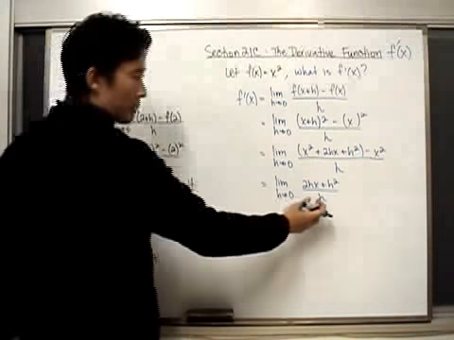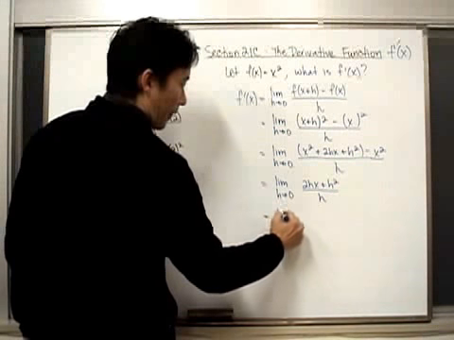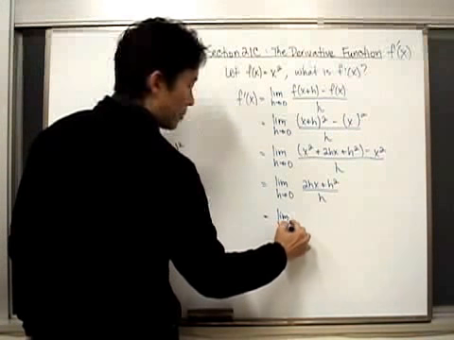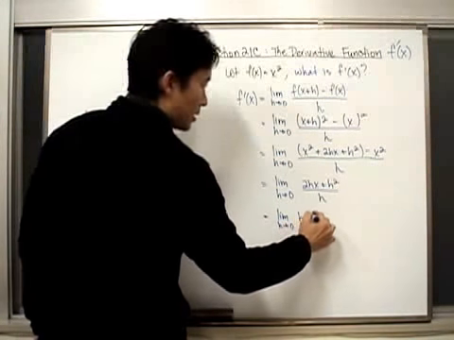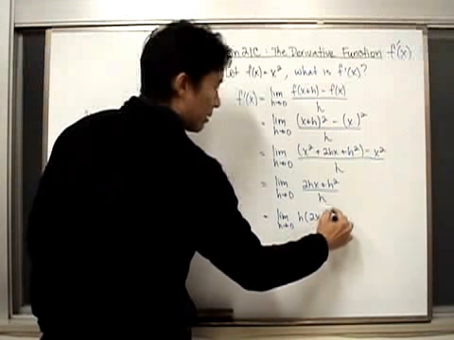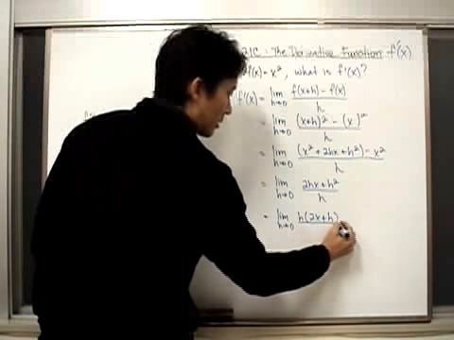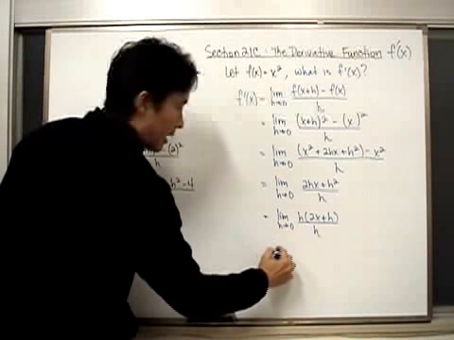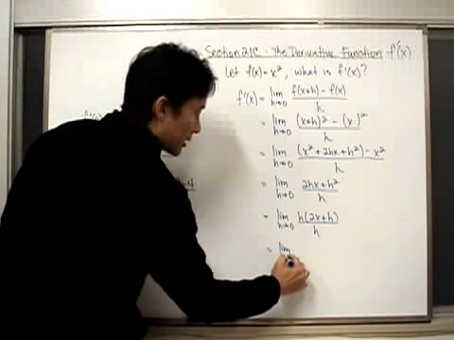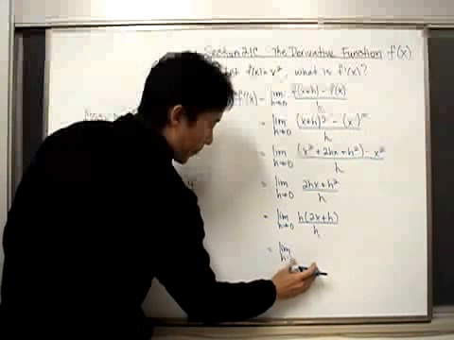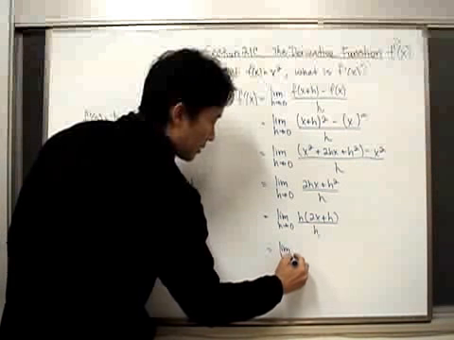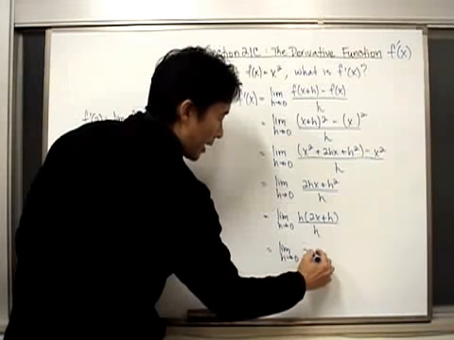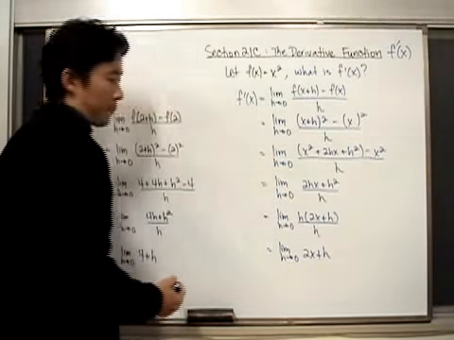So what we need to do then is factor out the h. The limit as h approaches 0. This is going to be h times 2x plus h, and then that's all going to be divided by h. So then if I cancel out the h's, I come out with the limit as h approaches 0 of 2x plus h.